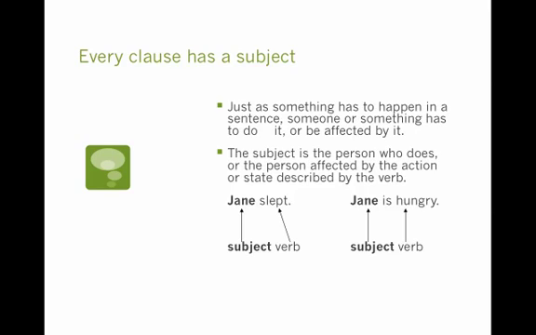So Jane slept. Jane is the subject, she's the one doing the sleeping. Jane is hungry, she's the one about whom hungry is true. That makes sense? So both of these sentences here don't have any other nouns. What I was going to say is going to be in the second lecture.